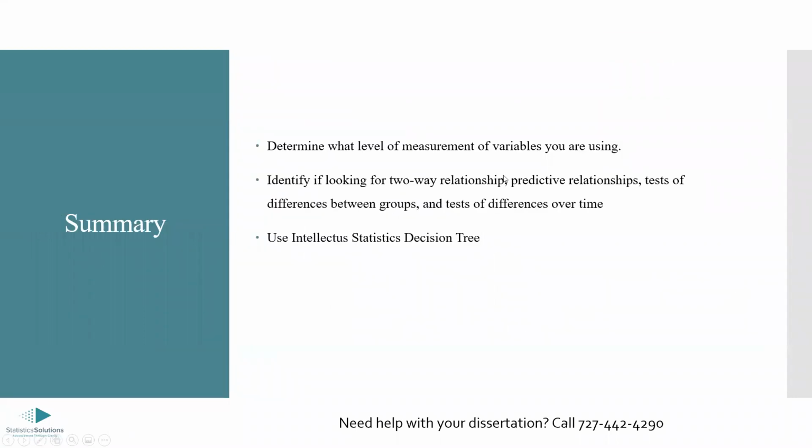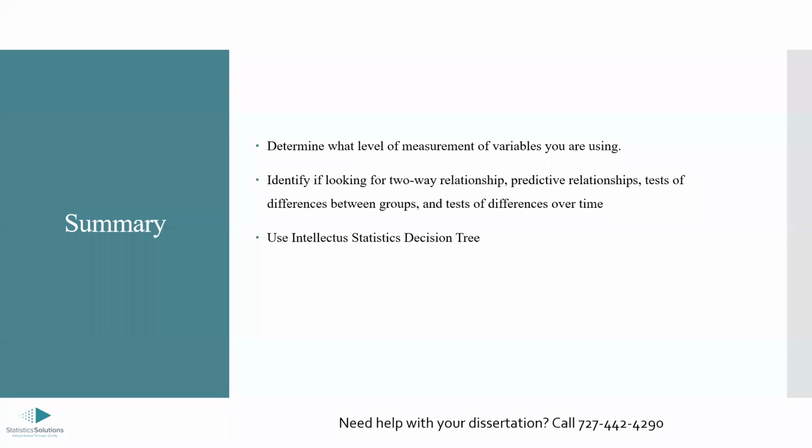Okay, so that covers our topic for today. So you have to first determine what level of measurement for the variables you're using. You want to identify if you're looking for a 2-way relationship, in which case you use correlations. You want to identify if there's a predictive relationship. So you have an independent variable and a dependent variable, or they're called predictor and criterion as well.